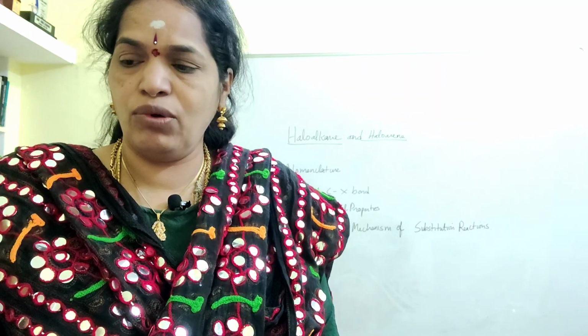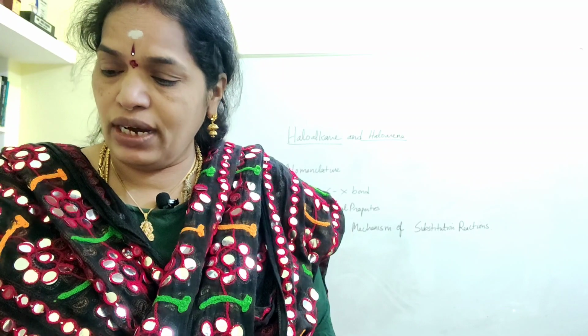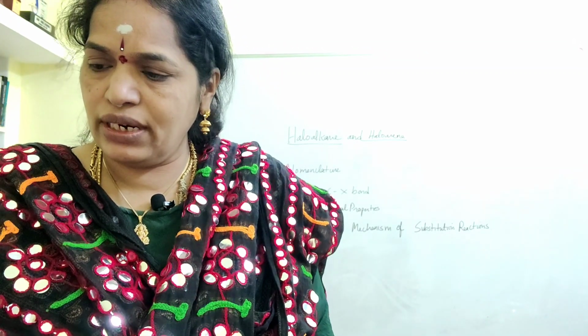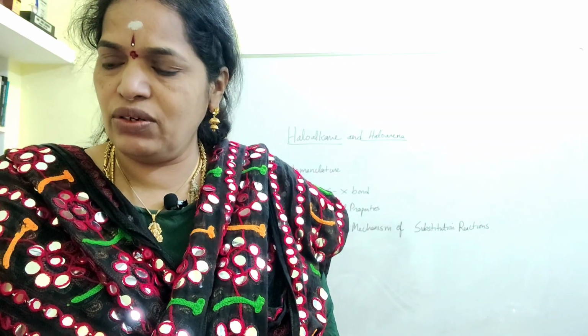So we need to know more about it and how they are more reactive. These two concepts we will concentrate on. So let us jump on to the reactions we are going to learn.